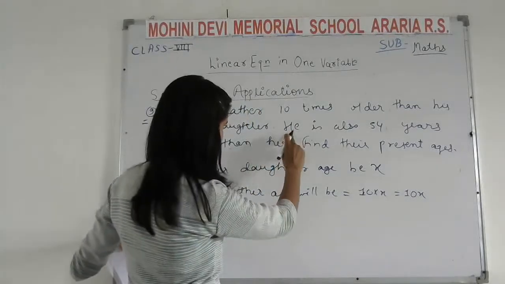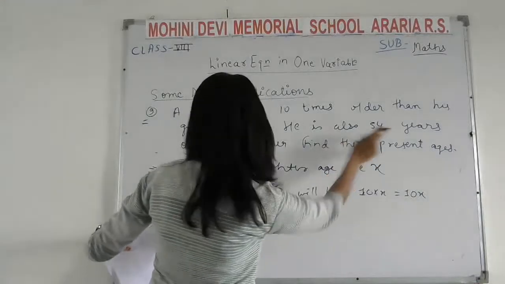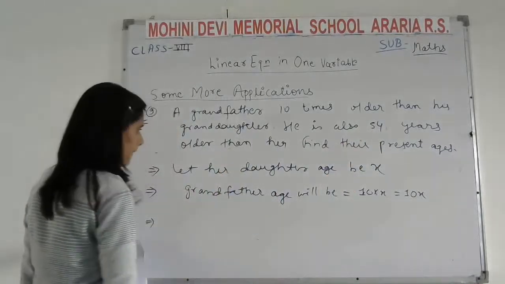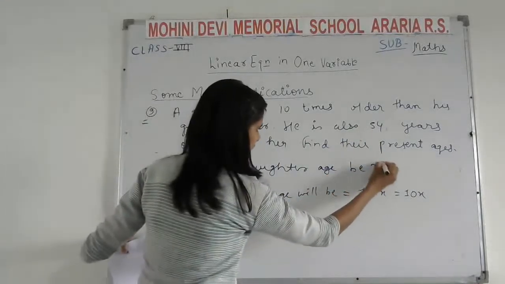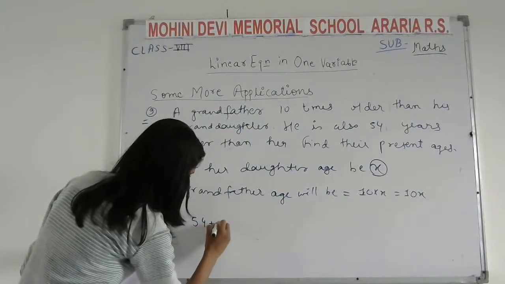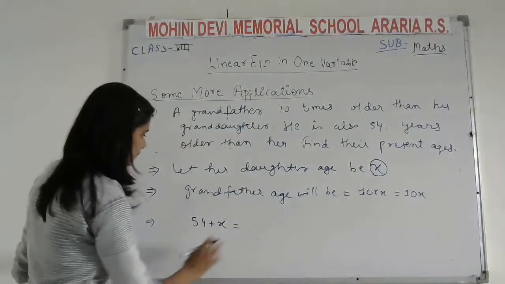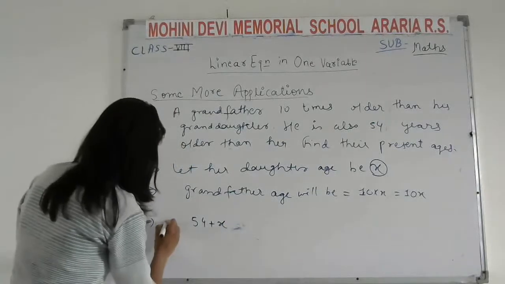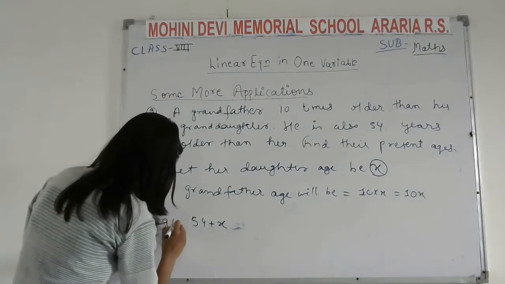Now again the question says he is also 54 years older than her. If her age is x, then her grandfather's age will be 54 plus x. Another equation is for the grandfather.